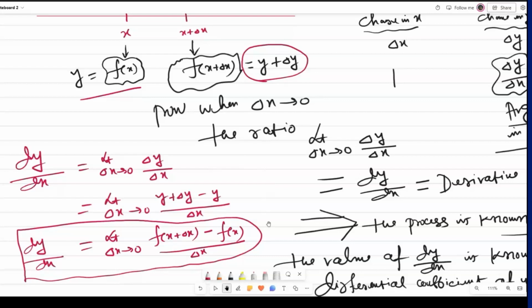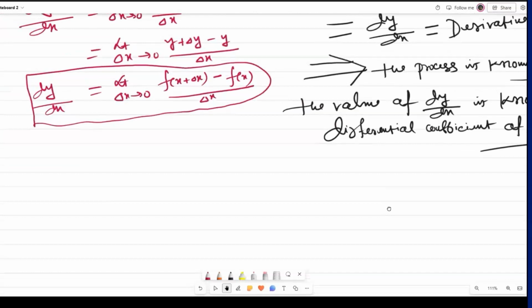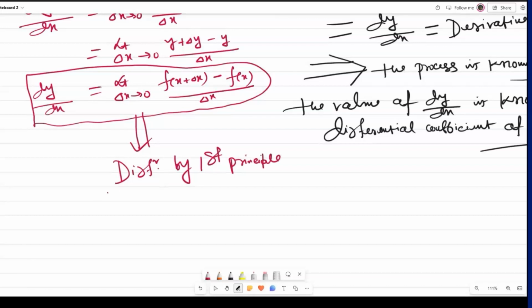This derivative formula that you got here is called differentiation by first principle.